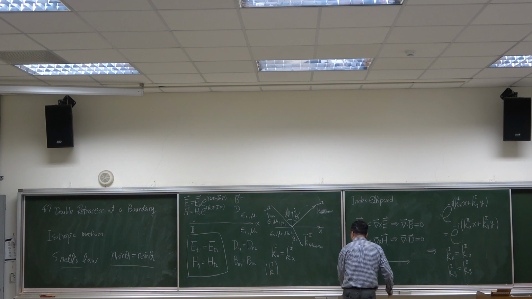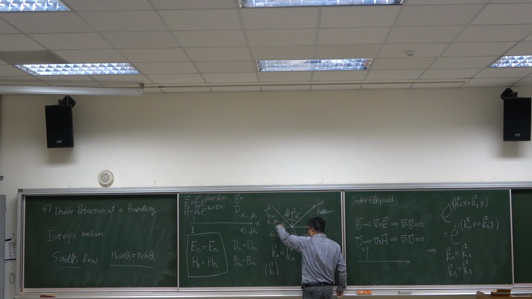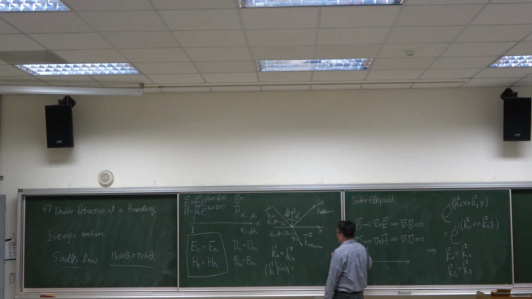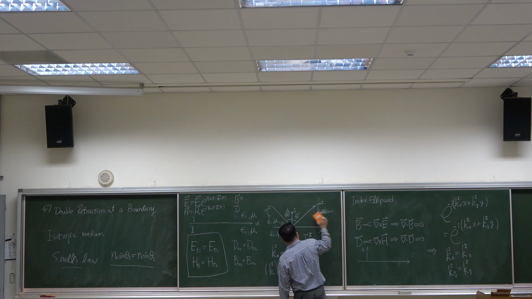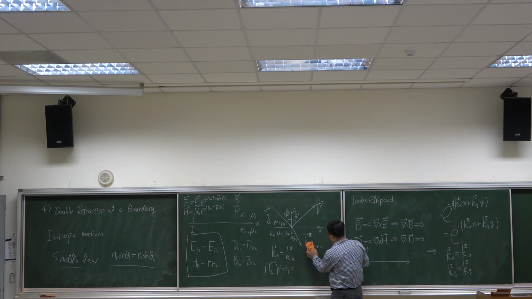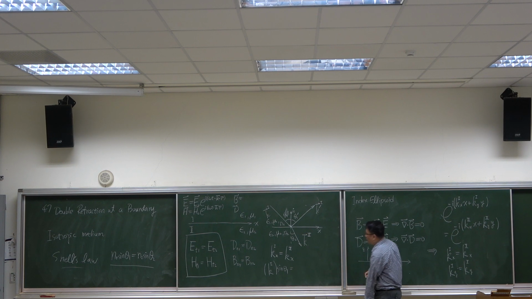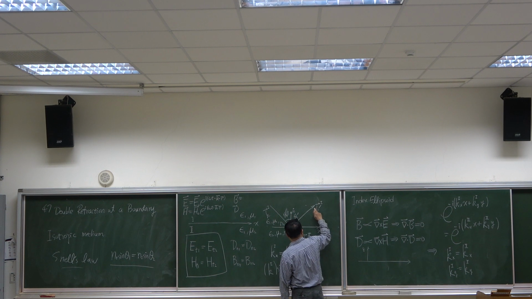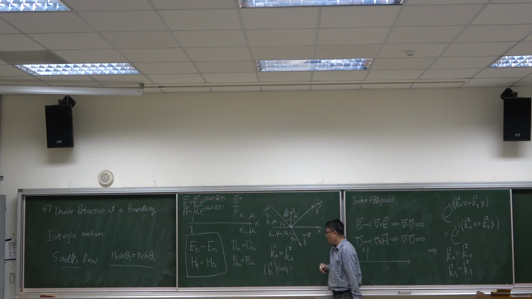This means that the magnitude of K1 times sine θ1 is equal to... I denote this as K1, this as K1 prime, and this as K2.